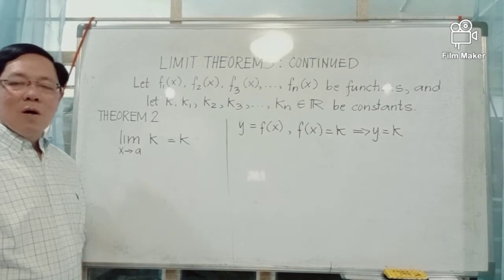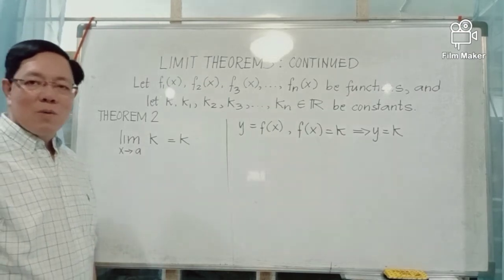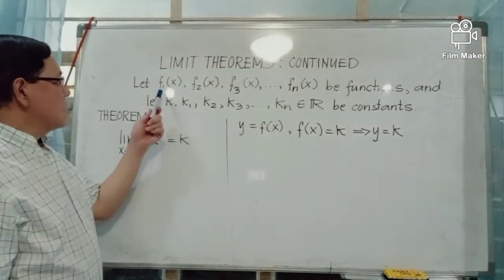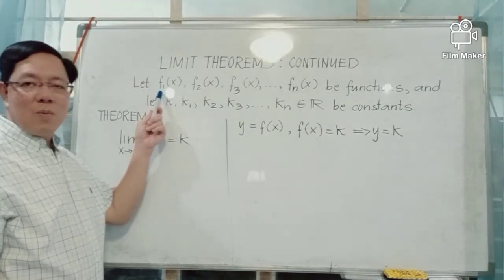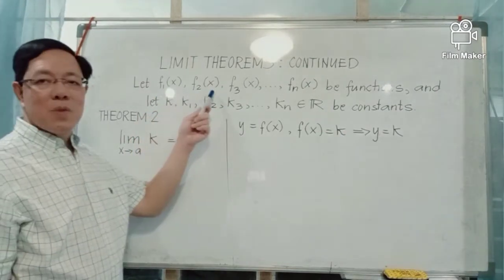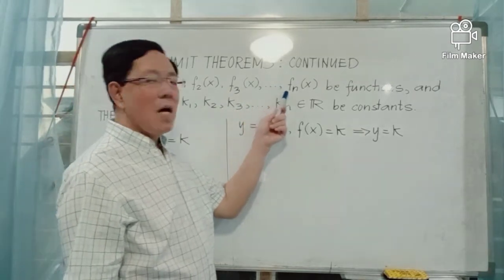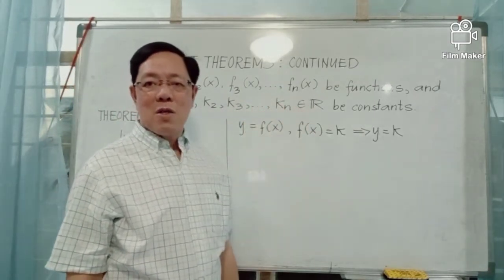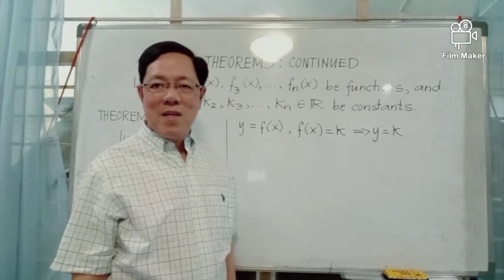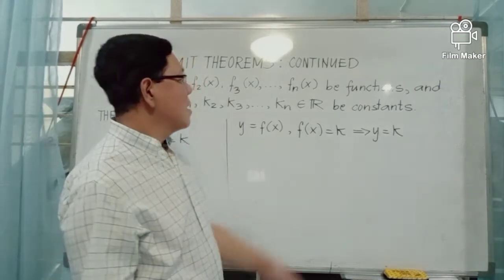And for all succeeding theorems that we will take up today, the functions f sub 1 of x, f sub 2 of x, f sub 3 of x, up to f sub n of x are functions of the independent variable x.